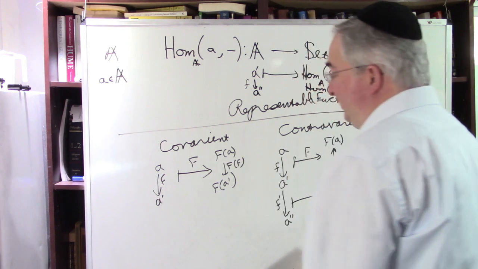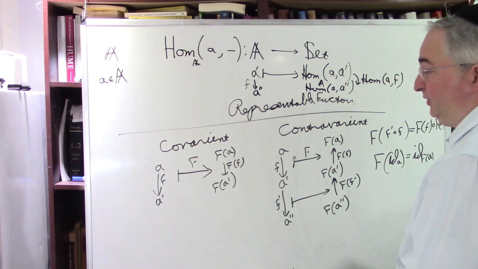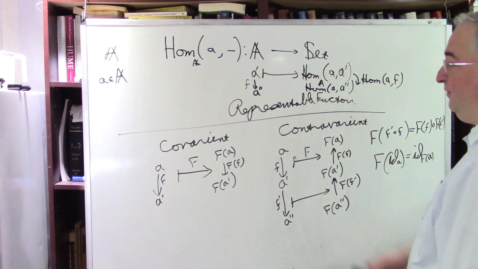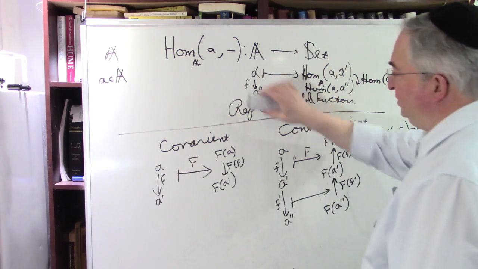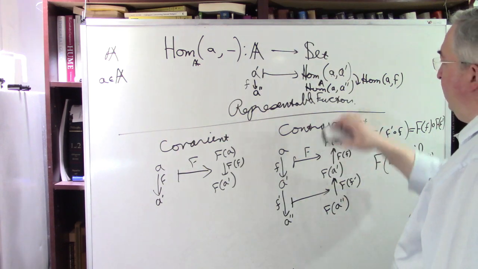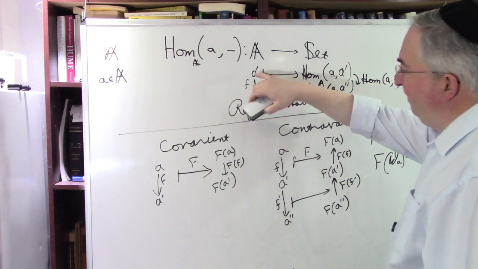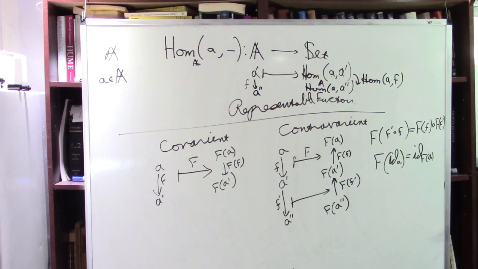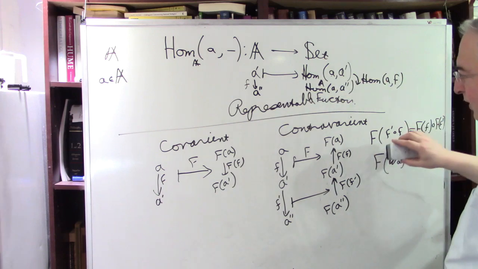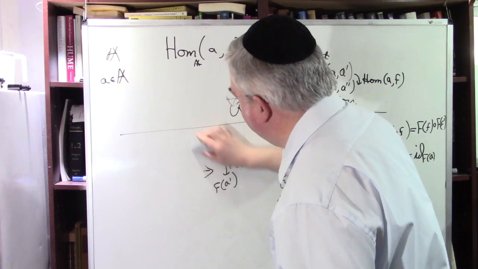Let me give you an example of a contravariant functor. I'll give you a few examples of contravariant, but I want to give you similar to this. Okay, so remember, this is a covariant functor. F goes from A prime to A double prime, goes like that. Okay, and so we have covariant. Let's change it. Now let's look at contravariant.